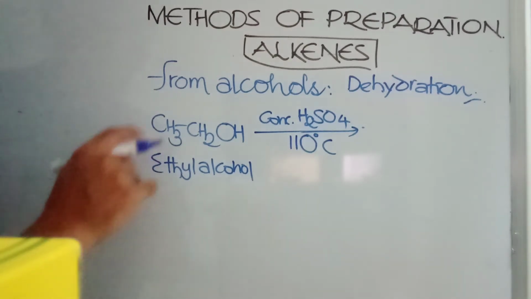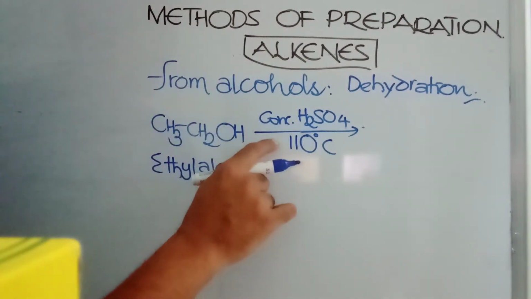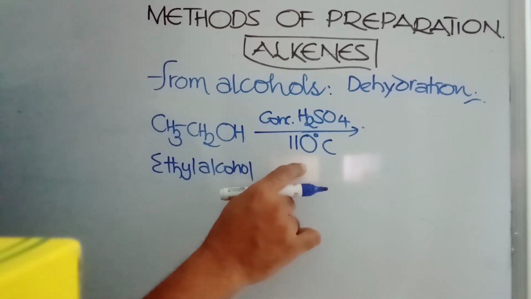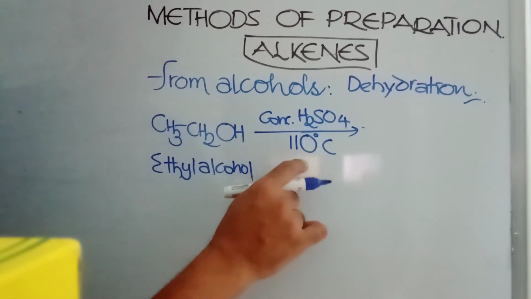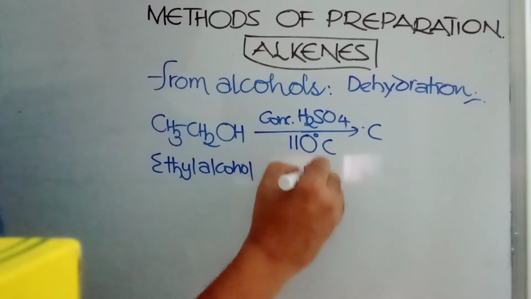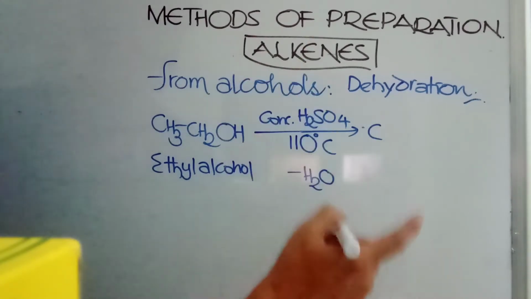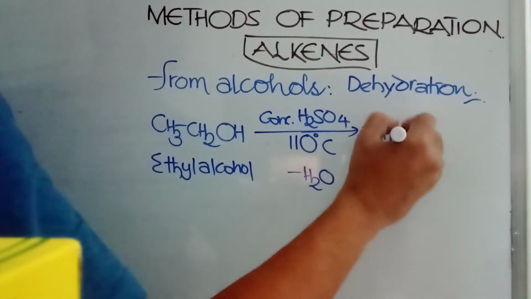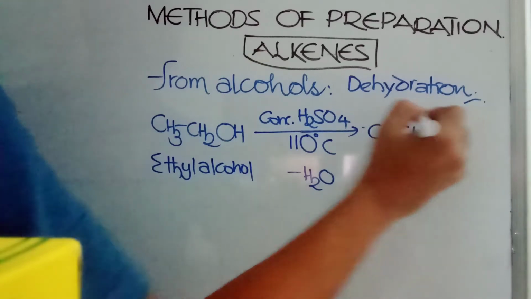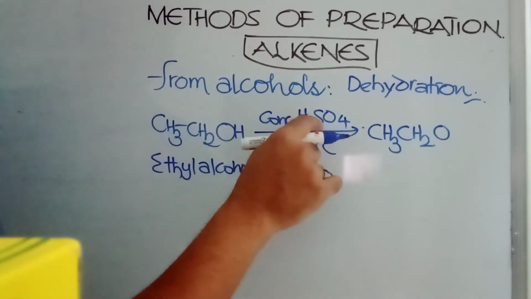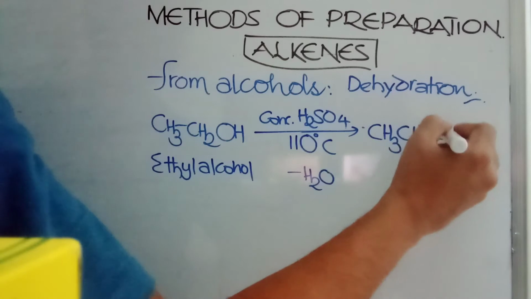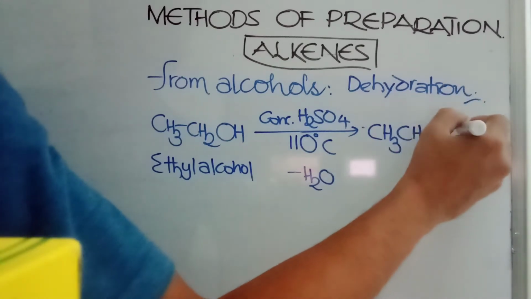Ethyl alcohol, when treated with concentrated sulfuric acid at 110 degrees Celsius, again loses a water molecule, but this time the CH3CH2O part combines with the HSO4 part.